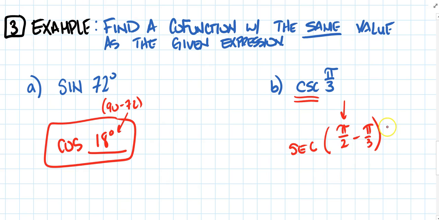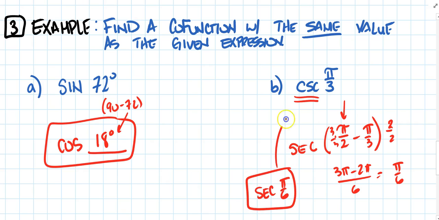Get a common denominator: multiply this side by 2 over 2, multiply that side by 3 over 3. And now we get 3 pi minus 2 pi over 6. So we get pi over 6. Therefore the answer I'm looking for is the secant of pi over 6, which is the same value as the cosecant of pi over 3, because cosecant and secant are cofunctions, and pi over 3 and pi over 6 add up to pi over 2.